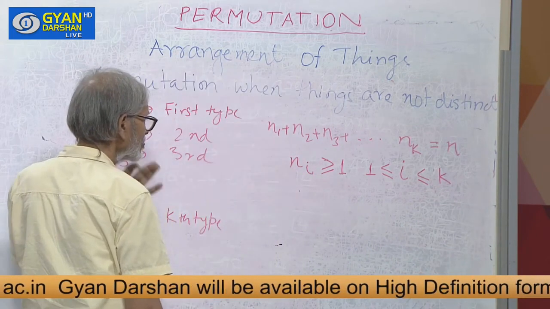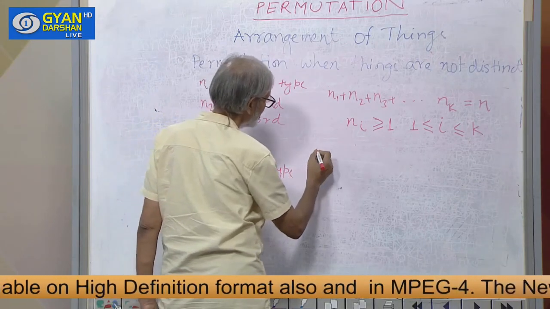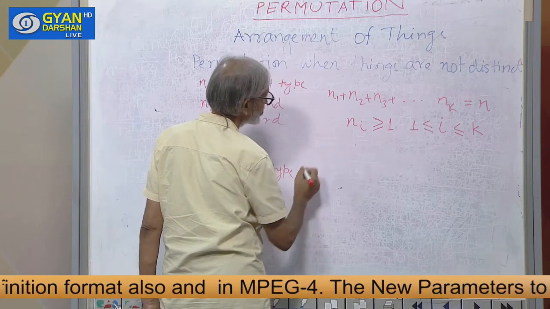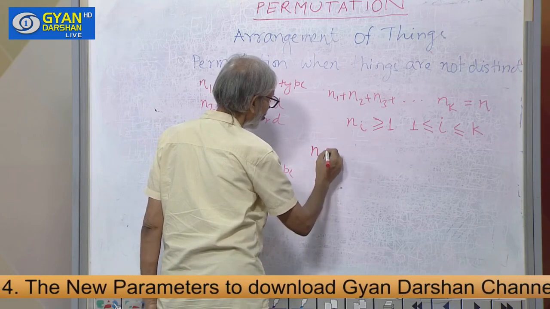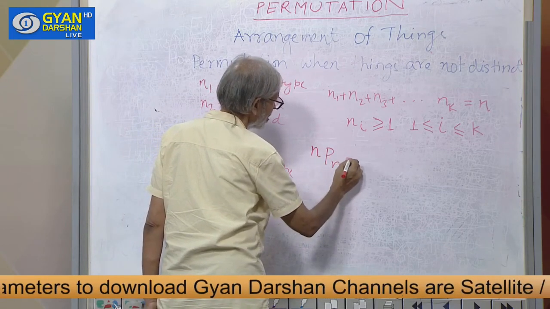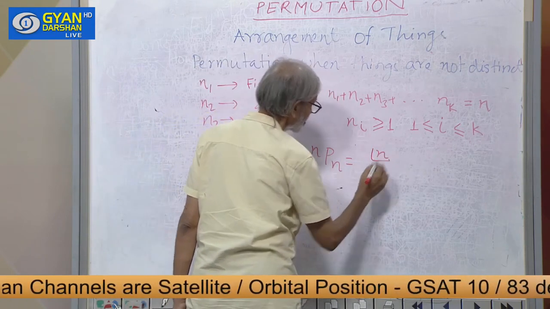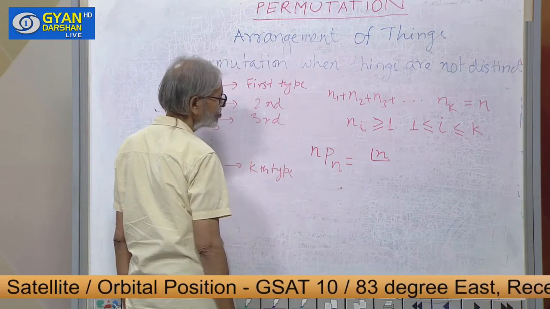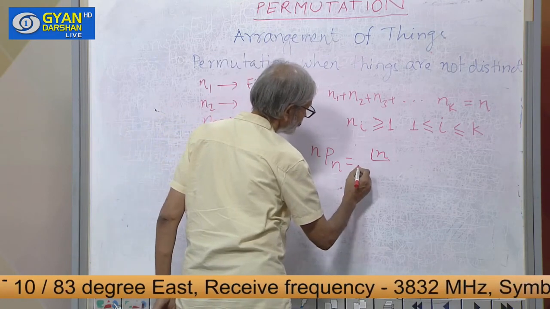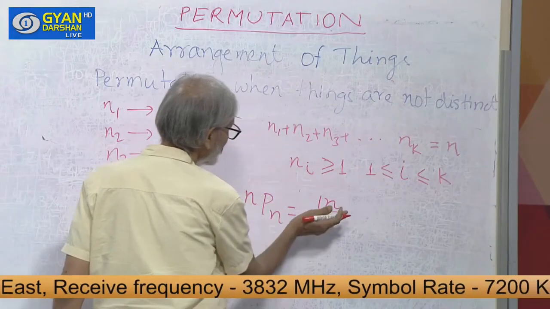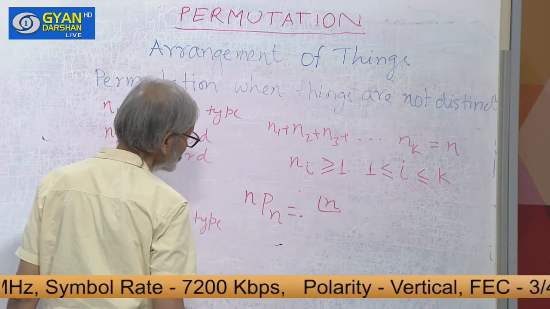So, the formula for this is, suppose if all were distinct, then the formula would have been factorial n, because it would have been factorial n divided by factorial n minus n, that is factorial 0, that is equal to 1.